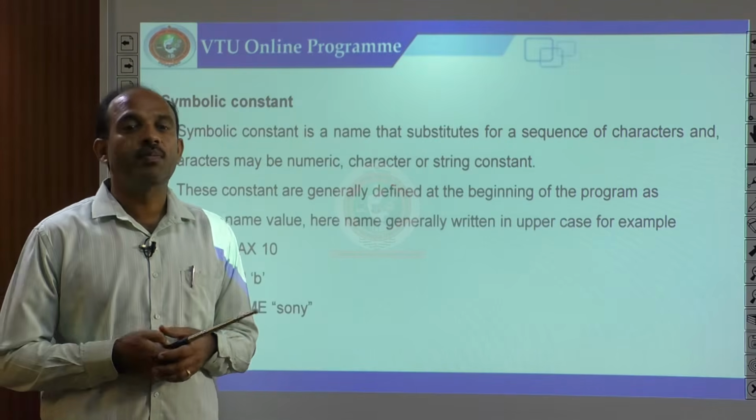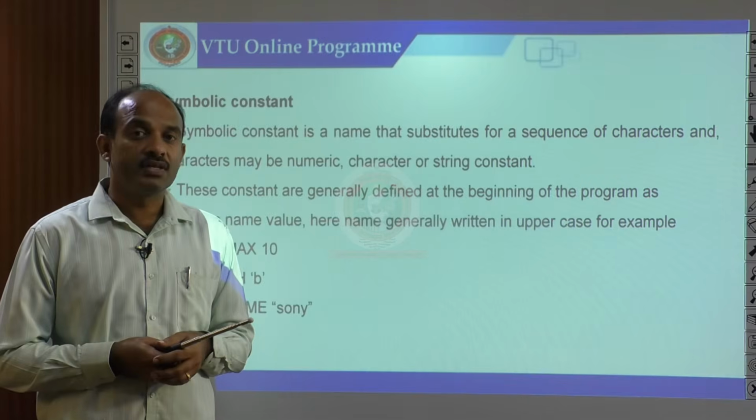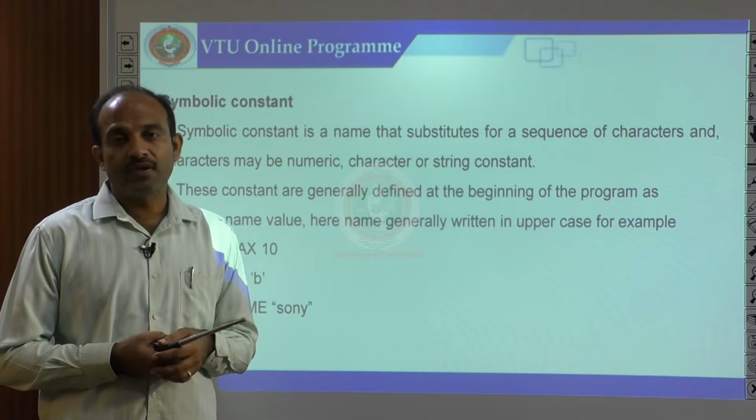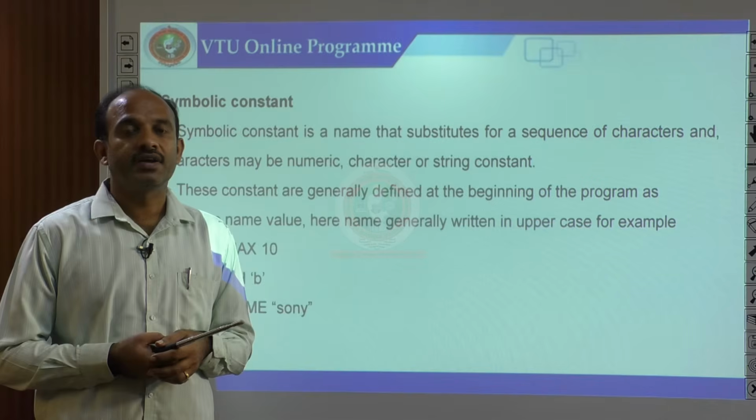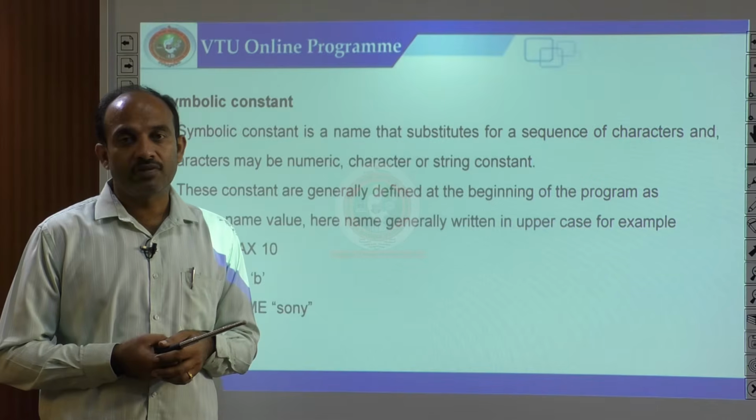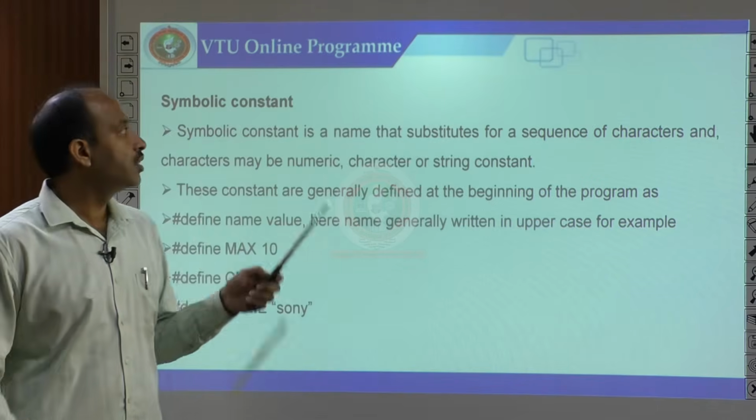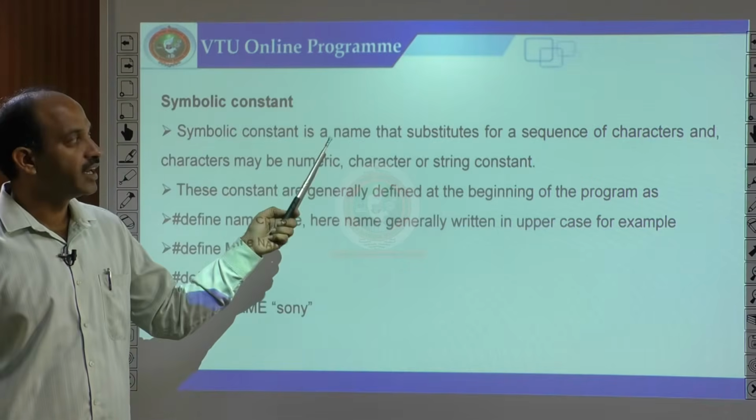Another one is the symbolic constant. If you want to define any symbols, you need to include a definition at the header, using the special keyword #define. That is what we call a symbolic constant, a name.